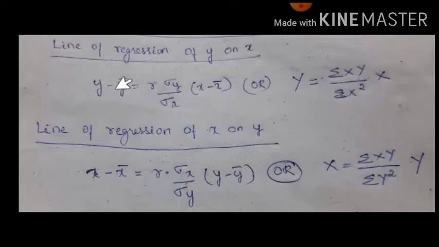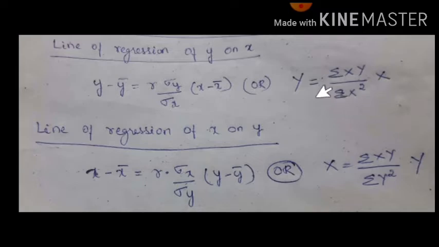Or else this regression line equation can also be written with x minus x bar as capital X and y minus y bar as capital Y, and the coefficient is simplified as summation xy by summation x square.